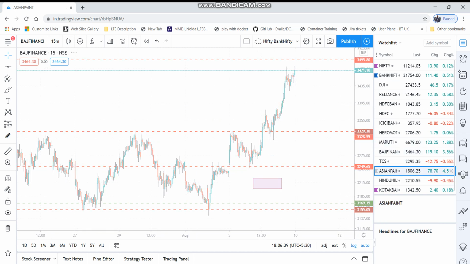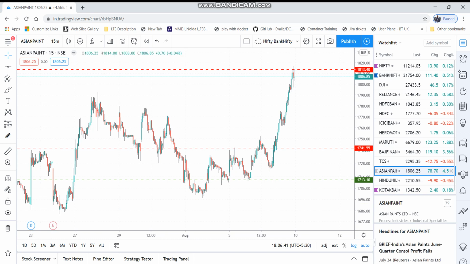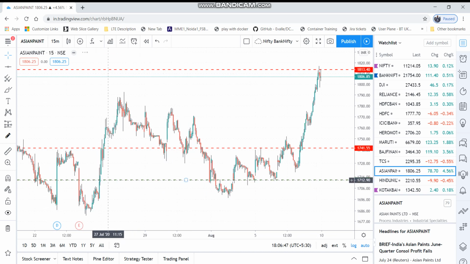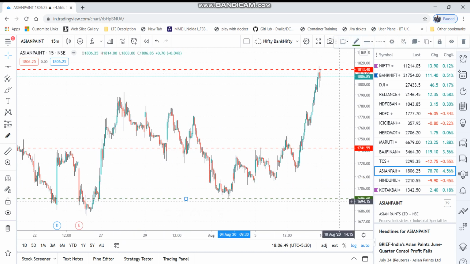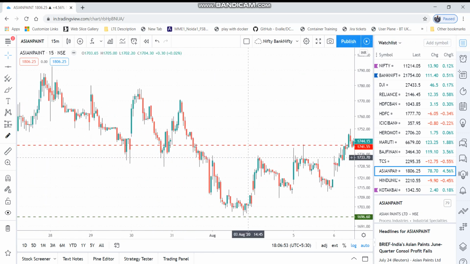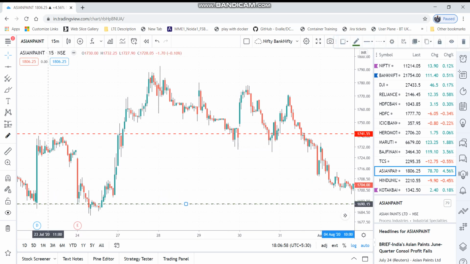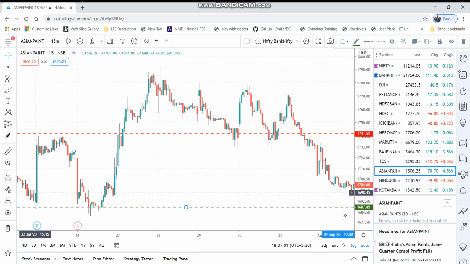Let's take one more example, of Asian Paints. If you see here, if I scroll up, you see the size of this candle.